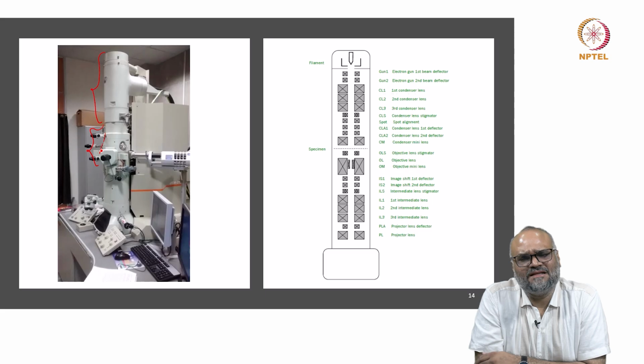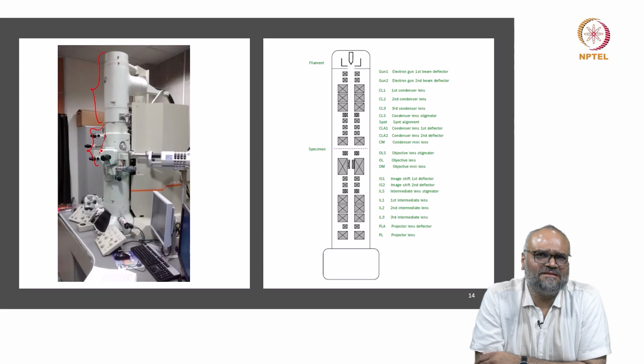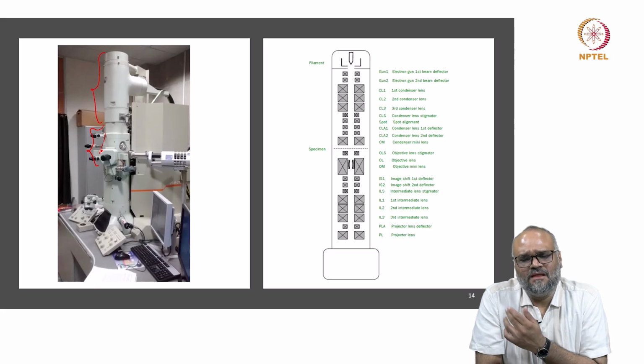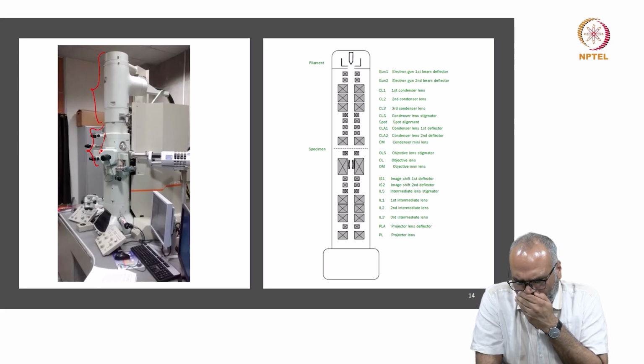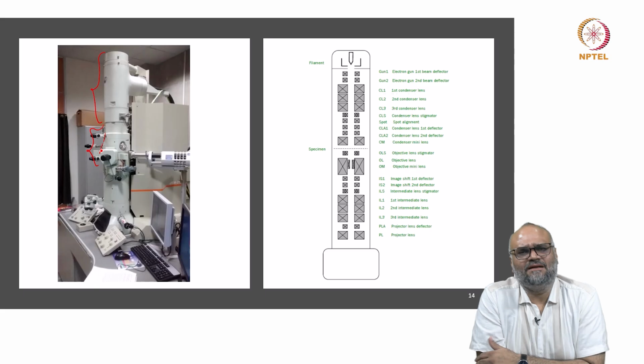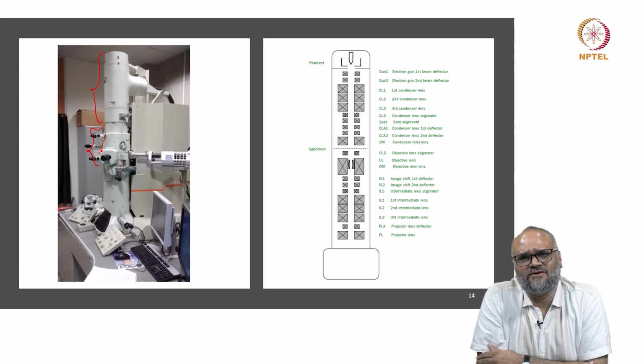So once we understand this, we'll understand the electron beam and material interaction, and then revisit the fundamentals of scattering and how the intensity of the electron beam changes after a scattering phenomenon, and how the phase changes as a consequence of propagation of an electron beam through the microscope.